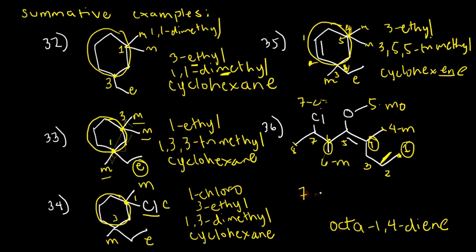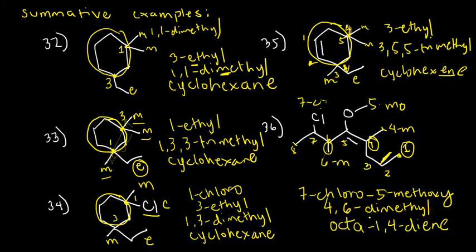So that would be 7-chloro first, then 5-methoxy, then we have 4,6-dimethyl. Again, ignoring the letter D of di in alphabetizing the prefixes. And I guess I've covered everything. The two double bonds, these two methyls, methoxy, chlorine. Okay, so this is the final name for 36.